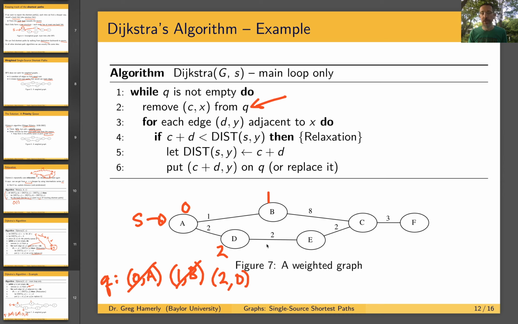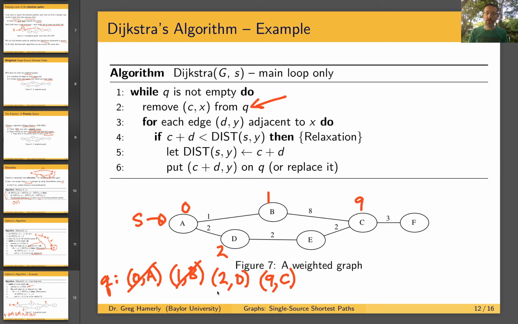So that's not going to change anything for A. But going from B to C, I have a cost of 1 to get to B and 8 to go from B to C, which is a cost of total 9. And the previous cost estimate for C had been infinity, so I'll mark 9 and put 9, comma C on the priority queue.